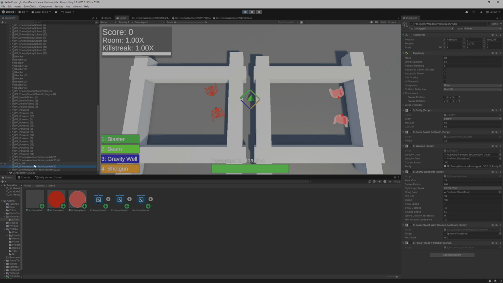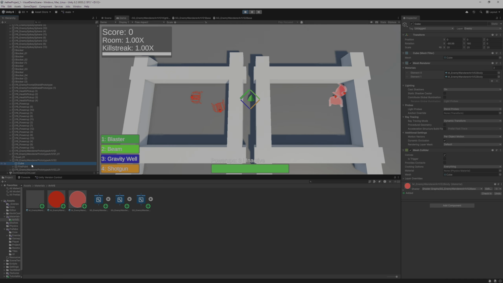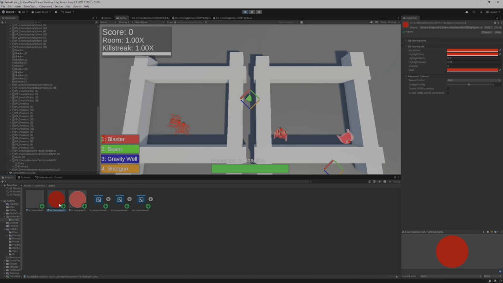So now I am curious, what happens if we add in the outlines on this guy? Well, for whatever reason, the outlines aren't looking all that good right now. Yeah, I don't know. There's a whole lot of options.